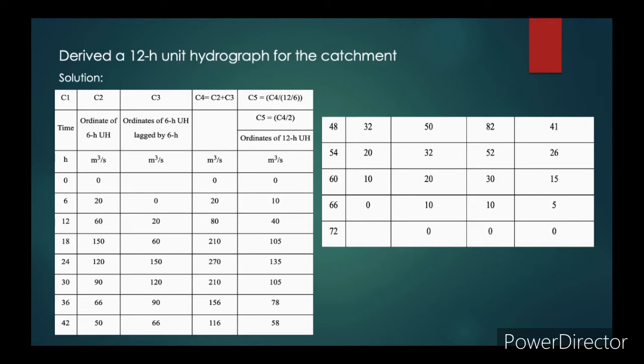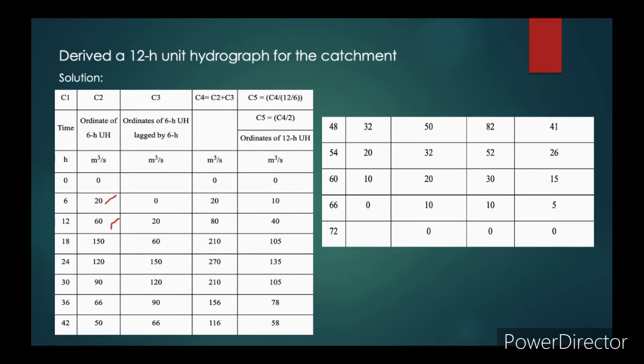Column 3 is the ordinates of the 6-hour unit hydrograph lagged by 6 hours. We start at hour 6, where the value is 0, and the next, at hour 12, is 20. We use the same given values from column 2, 20 cubic meters per second, 60 cubic meters per second, but they start 6 hours later since it is lagged by 6 hours.